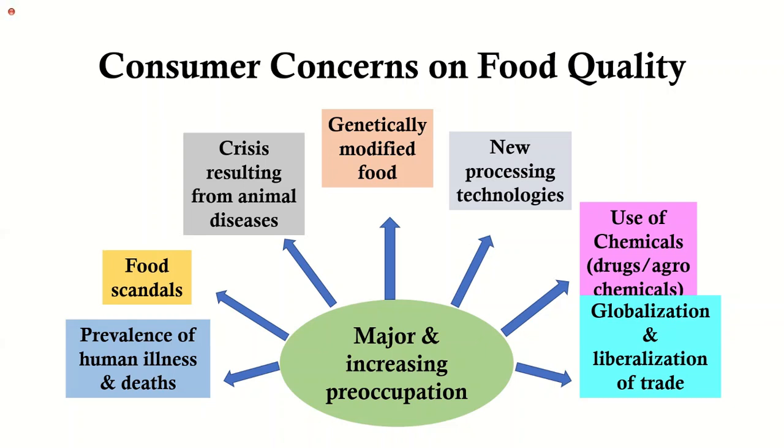Whether there are any foodborne diseases or animal-related diseases, we call them zoonotic diseases. That there are any food scandals, something that happened recently with adulteration, adding, mixing water with milk, or what happened with the coconut oil issue and SLSI.